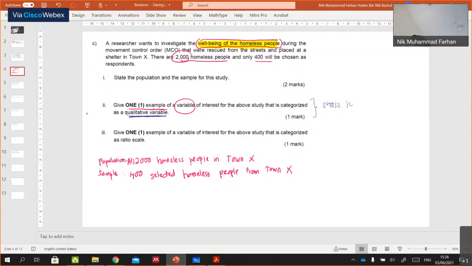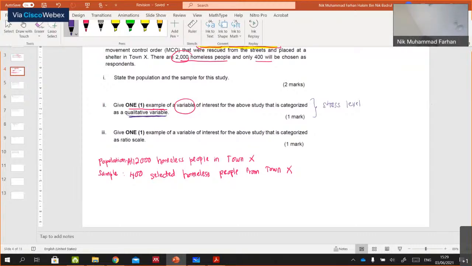Stress level, okay. So this one is the qualitative variable. So this is one example. You can give your own logical answers as long as it fits the well-being of homeless people that is considered as a qualitative variable. Okay. Next question.